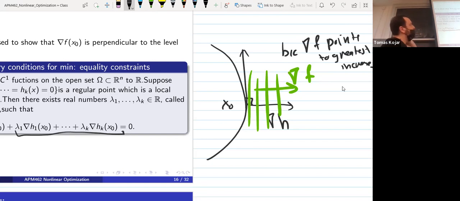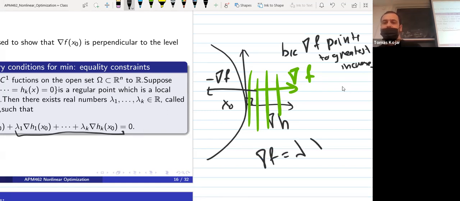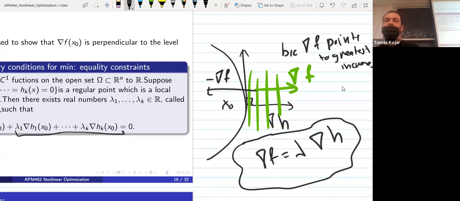So minus gradient of f points to where f decreases the most. In other words, you need the gradient of f to be parallel to the gradient of h. This is the 1D version of Lagrange multipliers. In higher dimensions, you will have tangent planes, tangent cubes, rectangles. So you need to be in the span of all the things that generate the space. So that's what we can prove.